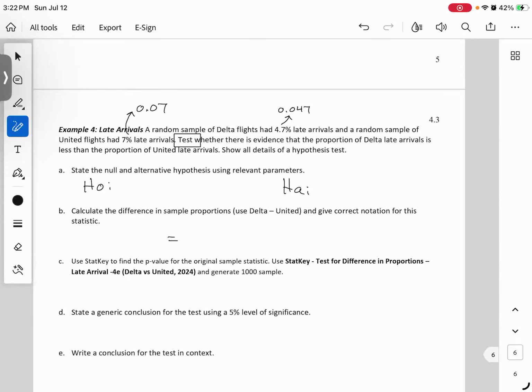All right, so here it comes. They wanted to test whether there's evidence that the proportion for Delta, I'm just going to underline the D, is less than the proportion for United. Now, what the null is going to assume is that the proportion for Delta is the same as the proportion for United.